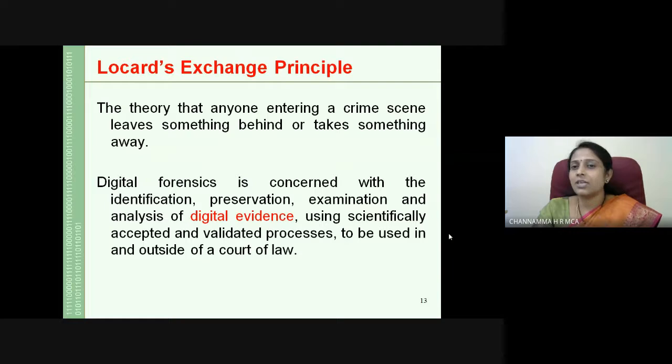If you do anything in the digital world, it must be recorded somewhere. The only thing is we should have the technology to identify such activity and get the evidence.